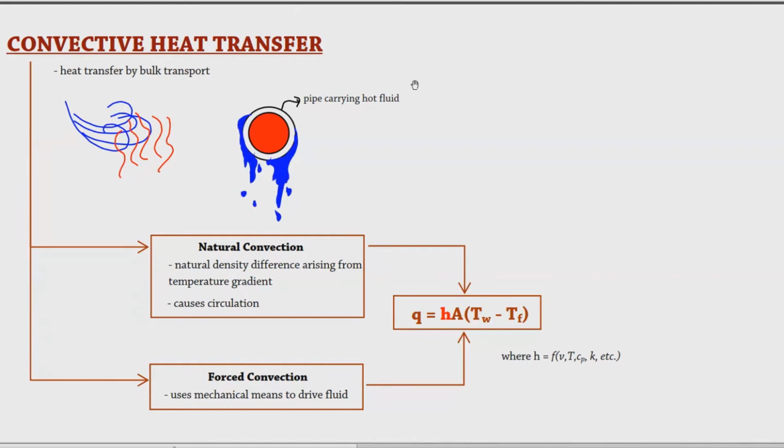Forced convection is another type of convection in which we use mechanical means to drive the fluid. These mechanical means can be fans, blowers, or pumps. For example, I cooked instant noodles, and I wanted to immediately have it cooled.